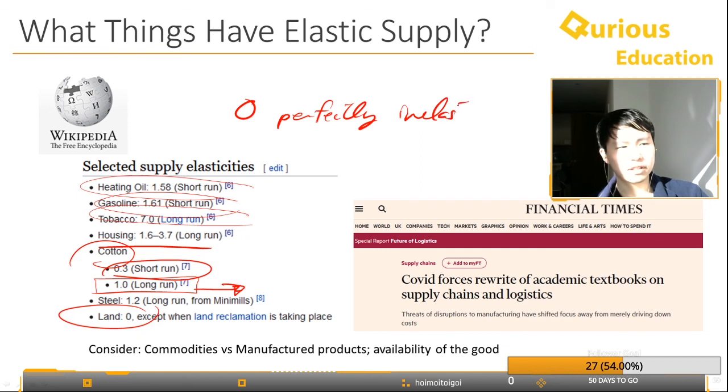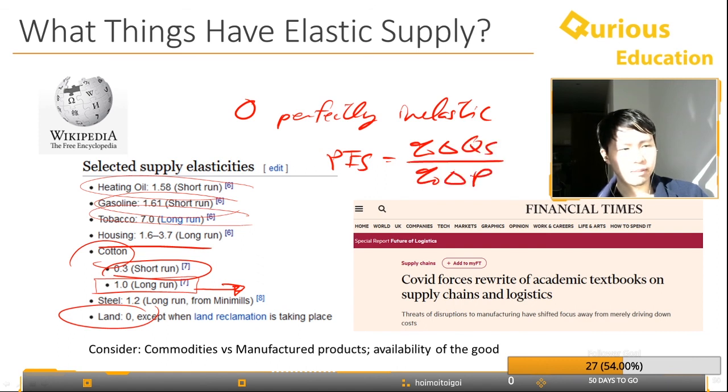So no matter how you increase the market price, you're not going to increase the quantity supplied, because if it's equal to 0, that means the change in the quantity supplied is equal to 0. So no matter how the market price changes, you won't increase or decrease the quantity supplied of land, because that's just all there is. I mean, you can't increase the amount of land on Earth.